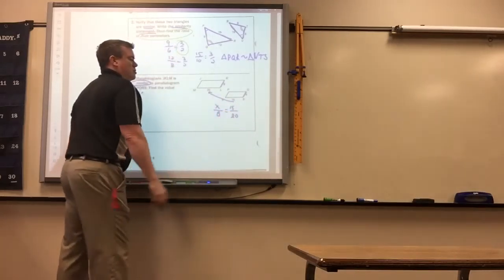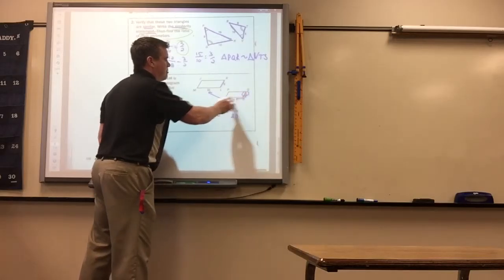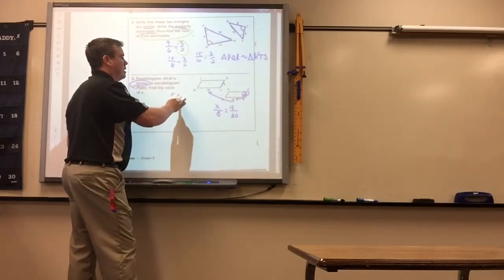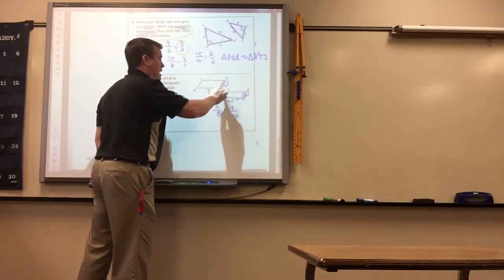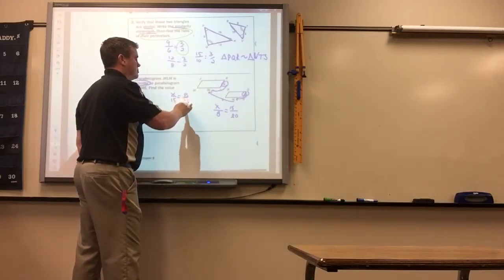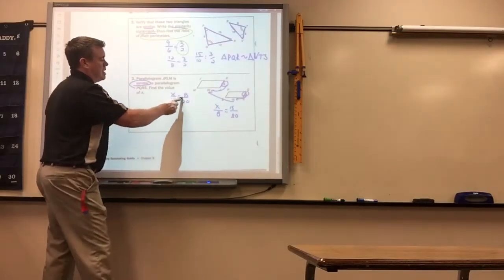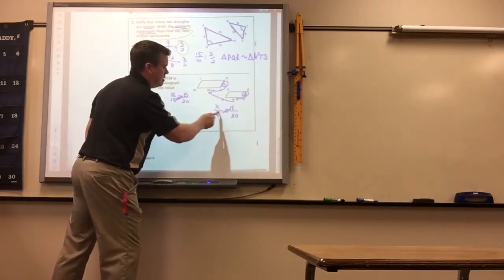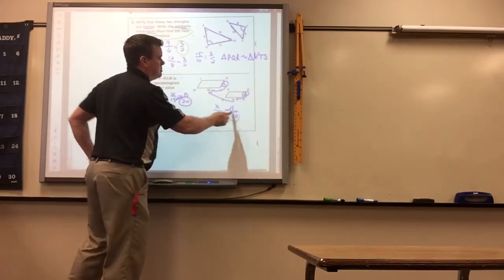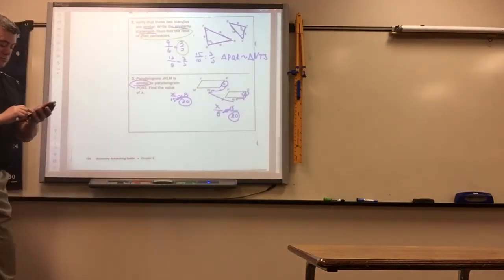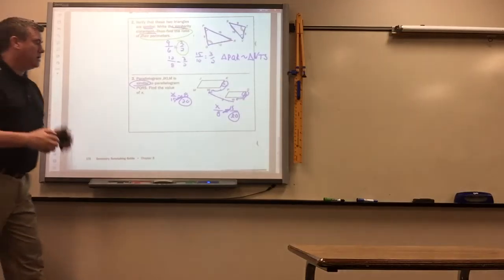Now remember, you could set these up another way. I could go x to 15. If I did this to this, I'd have to go 8 to 20. Either way, you're multiplying 15 times 8 and then dividing by 20. And you get 6.